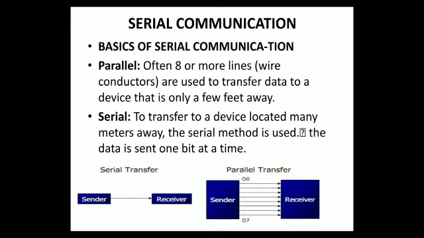Therefore in parallel communication we need a larger set of cables, and these cables are conducting wires that carry electrical charges. These charges are nothing but voltages, and these voltages are often read as logic 0 and logic 1 for the digital transfer of data.